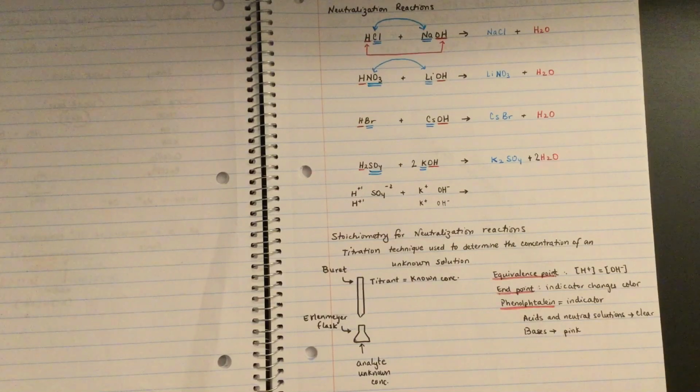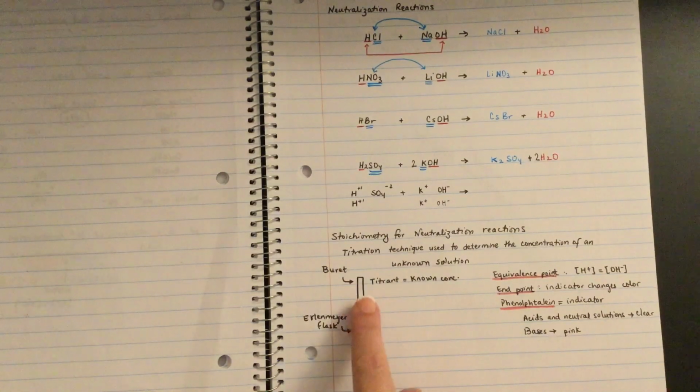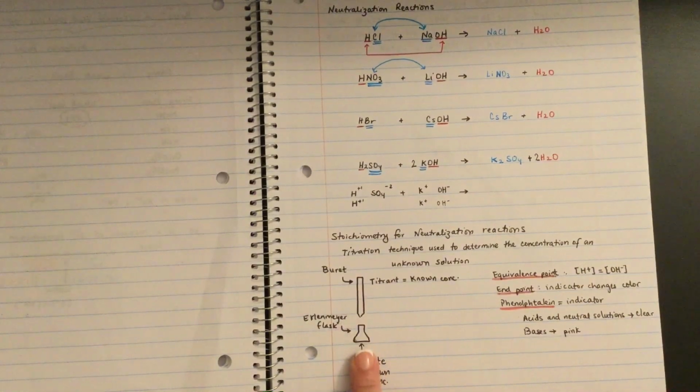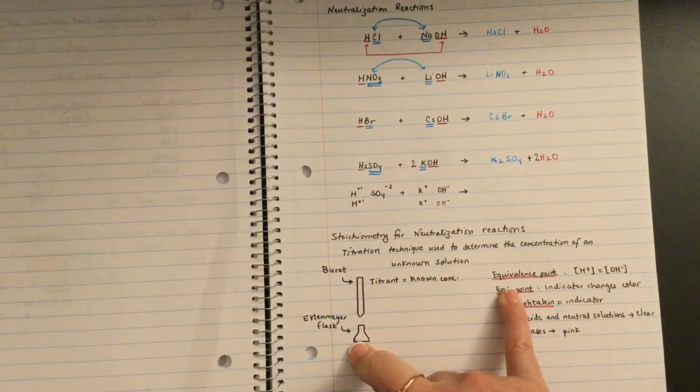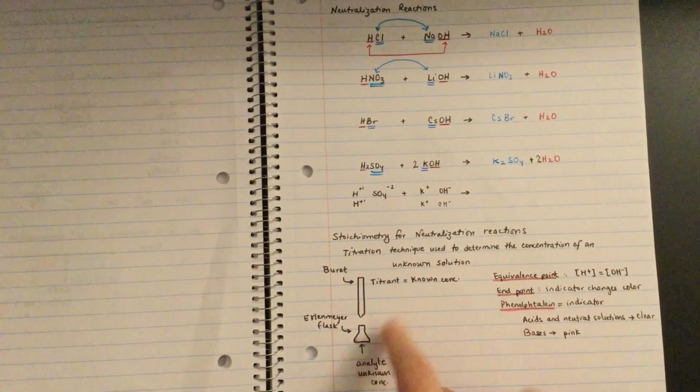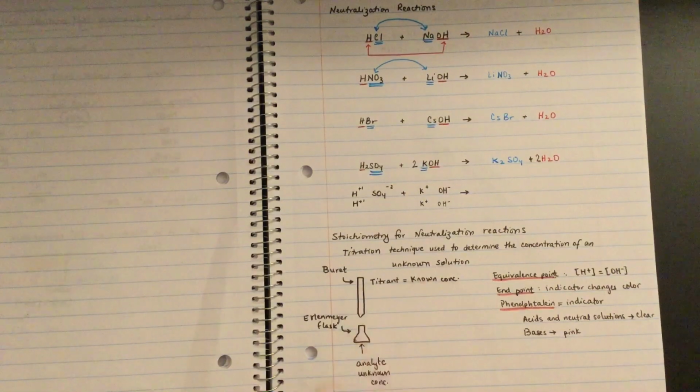So we do a titration to determine how much volume we need from the titrant to reach an equivalence point in our titration. When you reach the equivalence point, you can use the moles of your known concentration and stoichiometry to find the moles of your unknown. That's what we do.